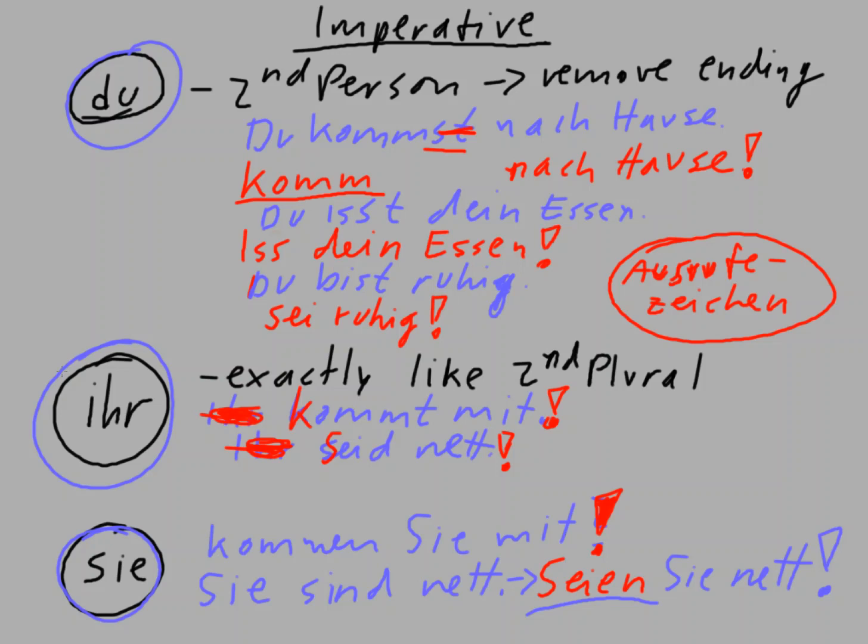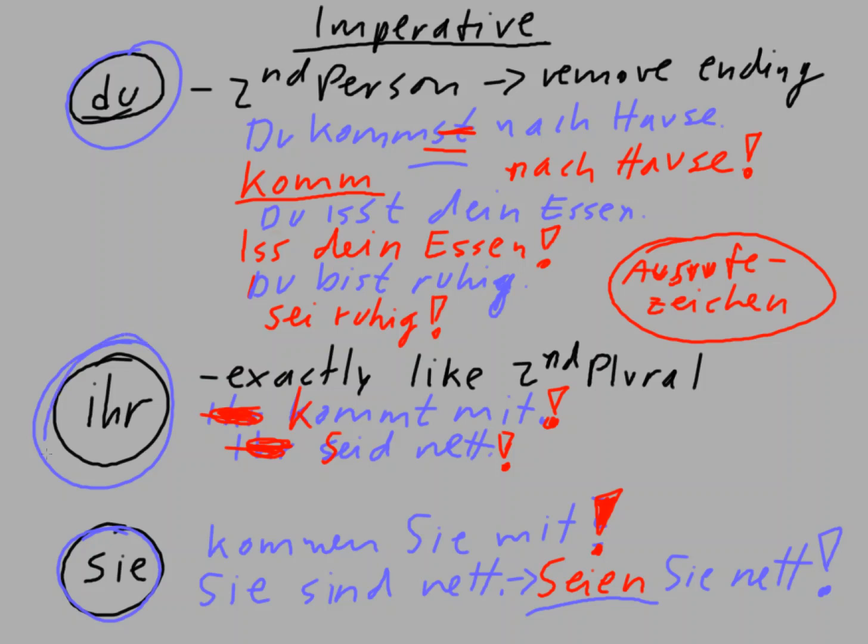So it's pretty straightforward, the German imperative. You just start the sentence with a verb. If you're talking to a familiar person in the informal mode, du, you just remove the st from the second person singular. Du kommst nach Hause becomes komm nach Hause, come home.